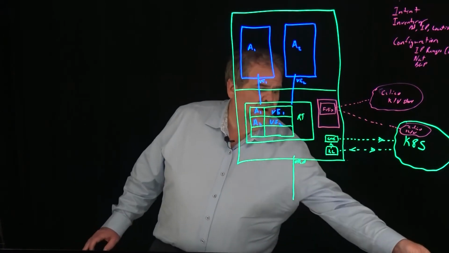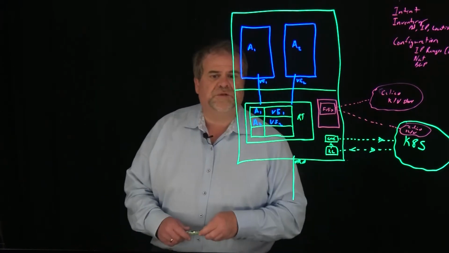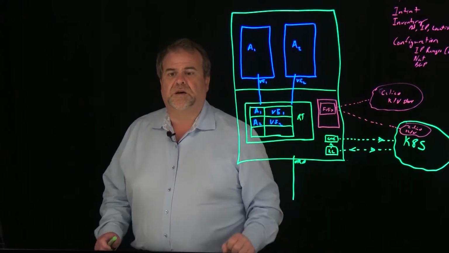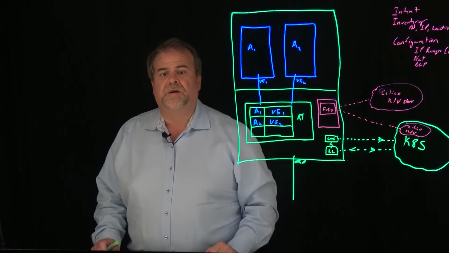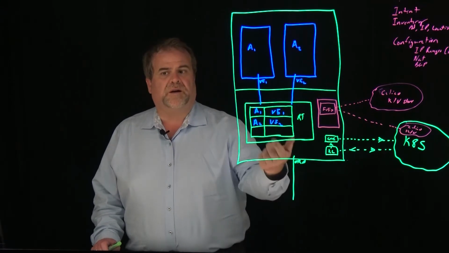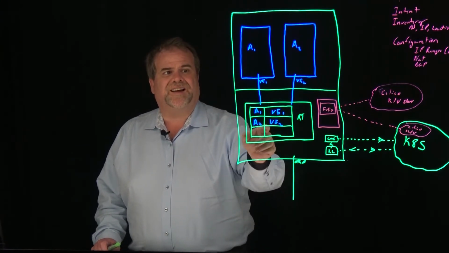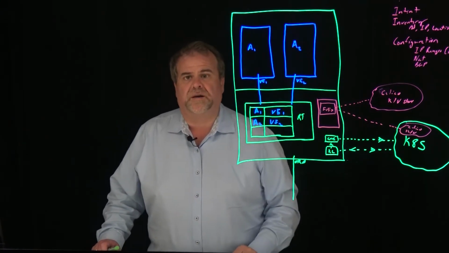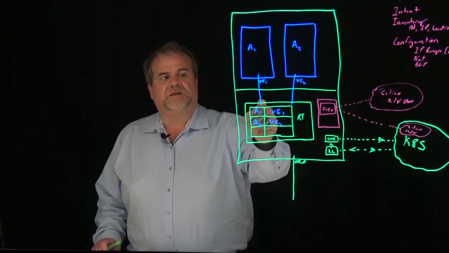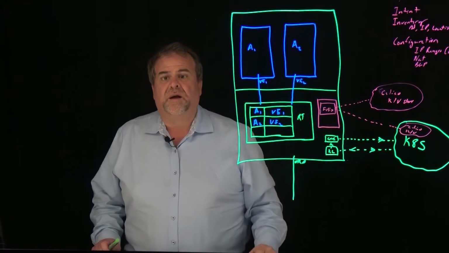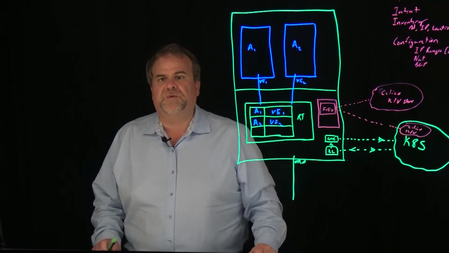So now, whenever a packet comes in to this host, it could be coming in from Eth0, it could be coming in from VE1 or VE2. Wherever a packet comes in destined for address A1, this host will route it and send that packet down VE1 to A1.